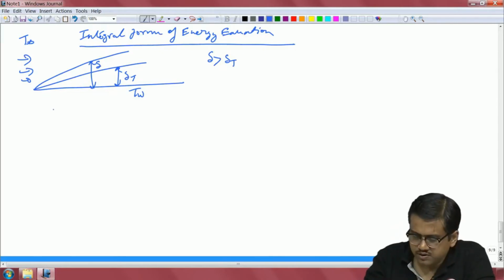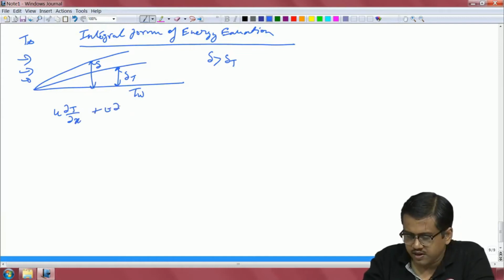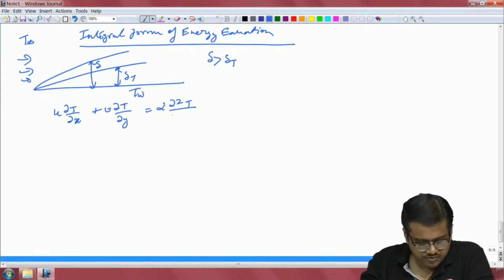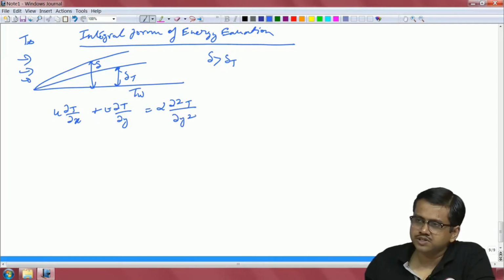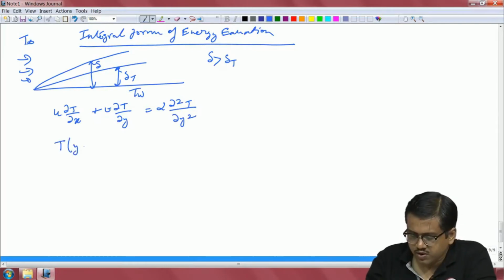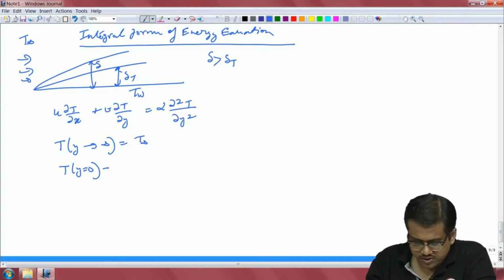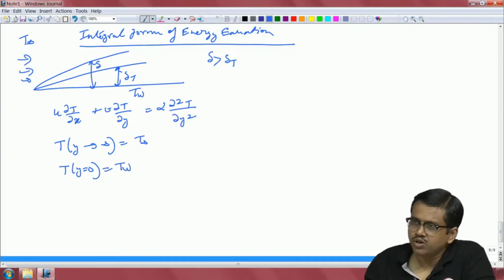Okay. So, u dT/dx plus v dT/dy, that was the expression that we initially had, right. So, T as y tends to infinity is basically T infinity, T at y equal to 0 is Tw, that is the wall temperature.